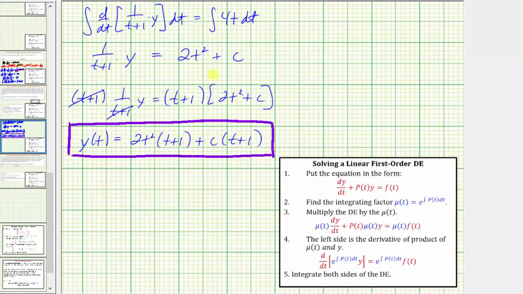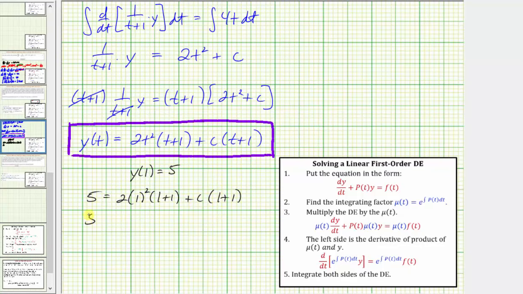We want to find the particular solution using the initial condition y of 1 equals 5. So we'll substitute 1 for t and set y of t equal to 5, which will allow us to find c, the constant of integration. So performing the substitution, we'd have the equation 5 equals 2 times the quantity 1 squared times the quantity 1 plus 1, plus c times the quantity 1 plus 1.